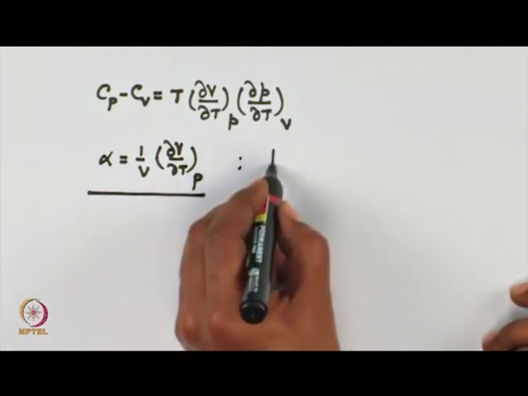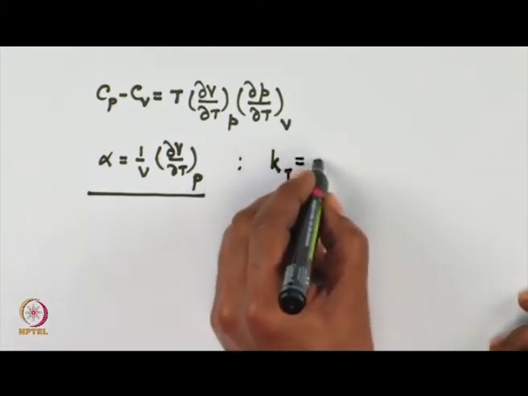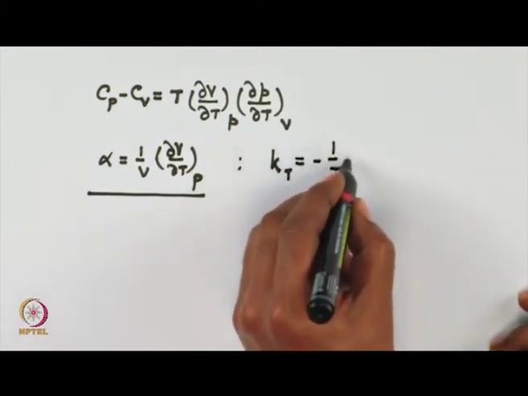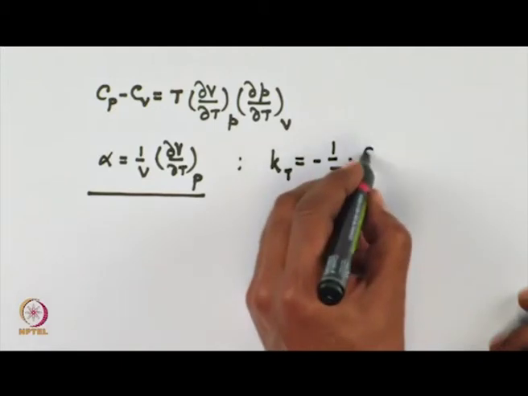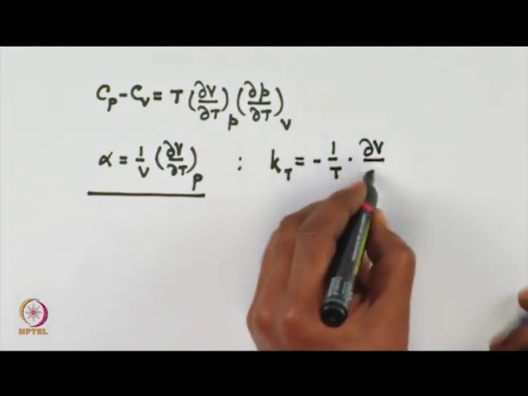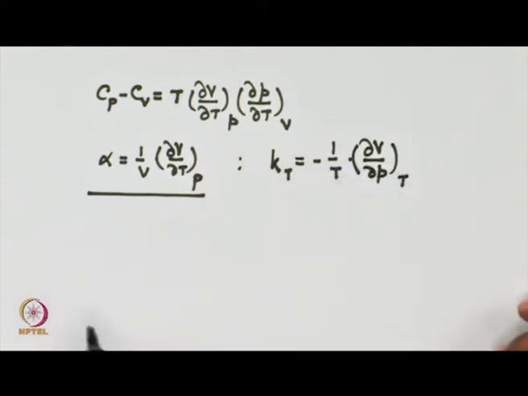And the isothermal compressibility, kT, is equal to minus 1 over V into how the volume responds to pressure at constant temperature.